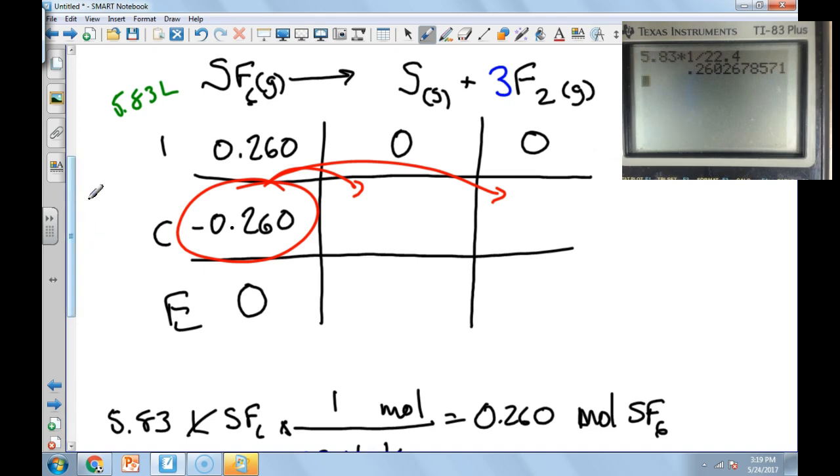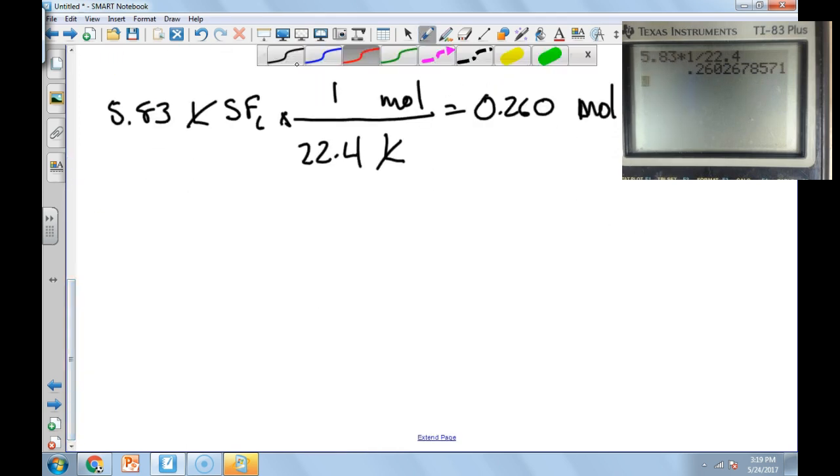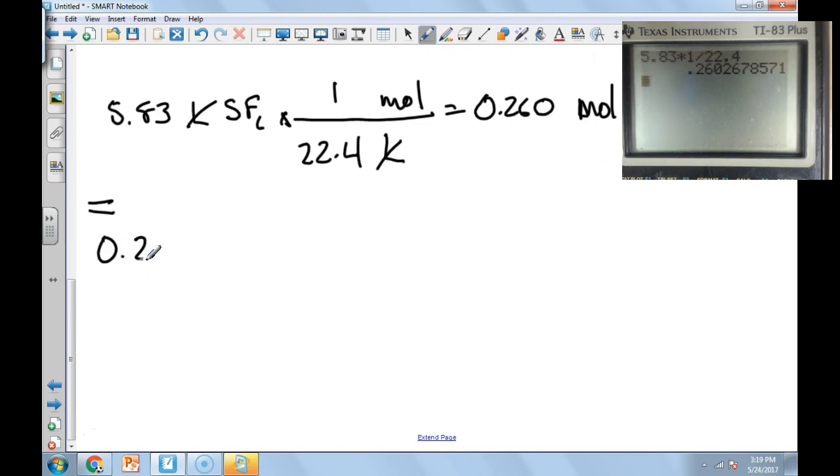Okay, so we're going to use this value in the change box because it's a ratio. However much of this is used up will tell us how much of this we're making and how much of this we're making. So I'm going to go down here, and I know that we have 0.260 moles of SF6, and we're going to X-line it.